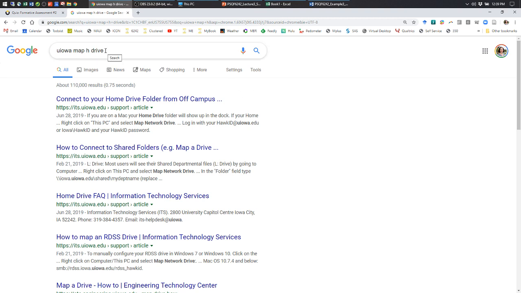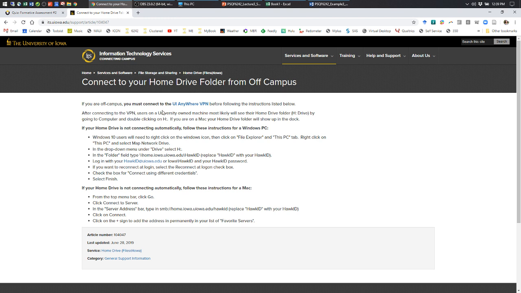So I asked Google, Iowa map H drive, and this is what I found. The first article appears to be what we need. If you are off campus, which we are not, all right.